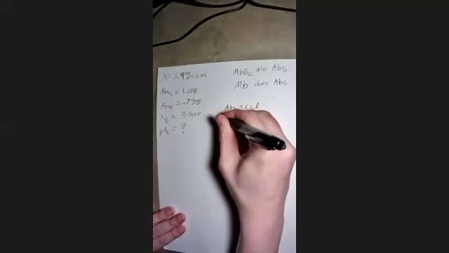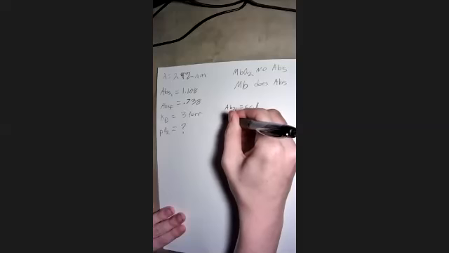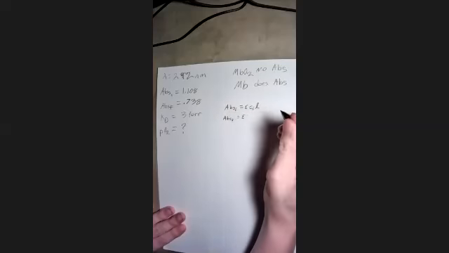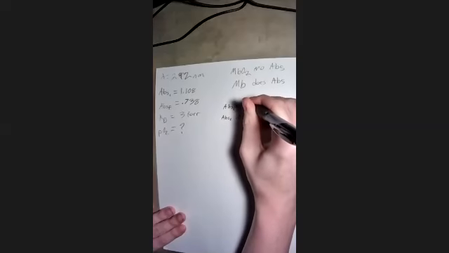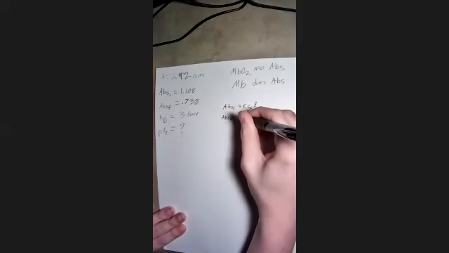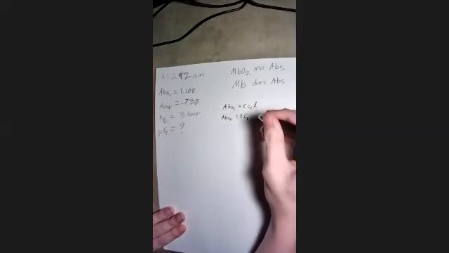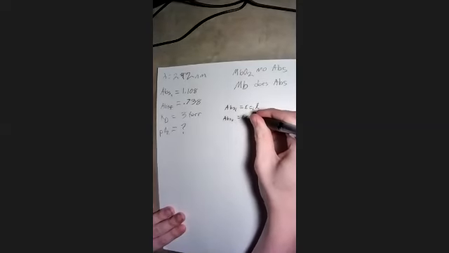Then the final absorbance is also equal to the same constant epsilon because it's the same material and the same apparatus, times the final concentration of unbound myoglobin times the same path length because it's the same cuvette.